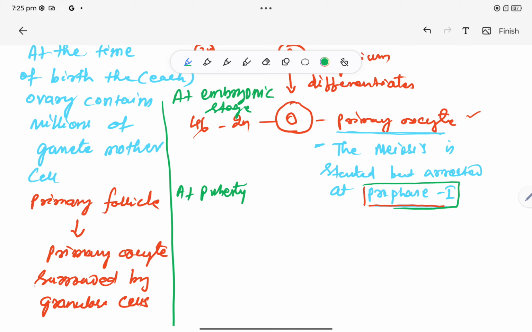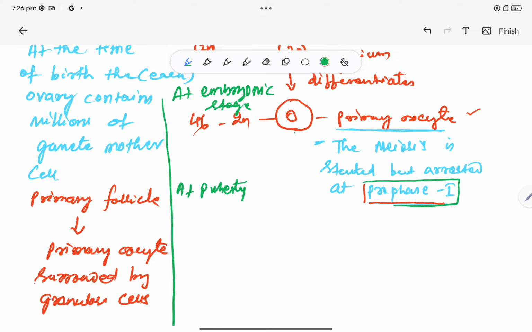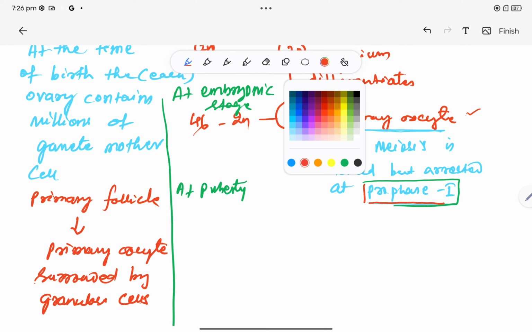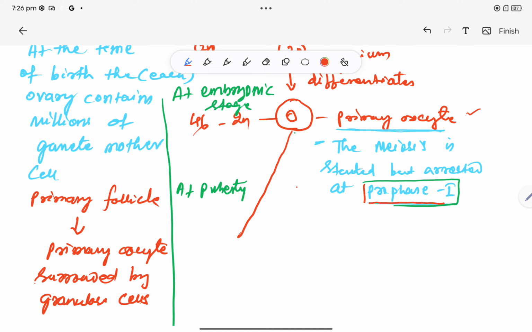It completes the further stages of meiosis 1, up to telophase 1. So when it completes, it divides into 2, but this is an unequal division.